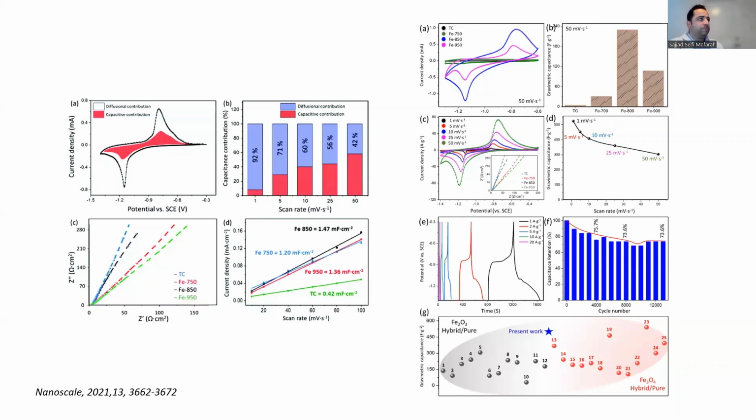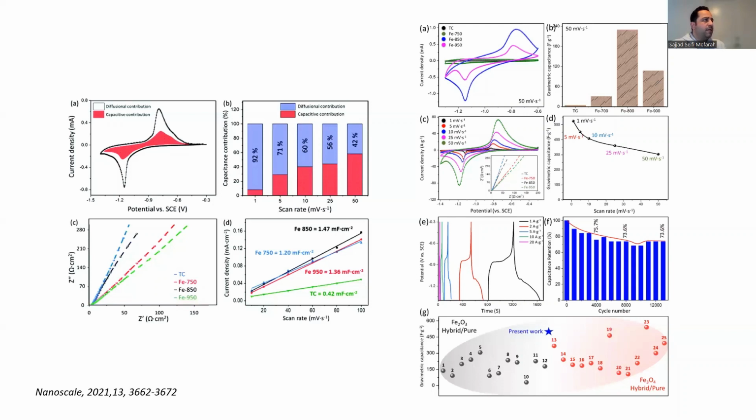Other tests that we've done, we've done cyclic voltammetry at different scan rates, and also we have a good comparative analysis in figure G that shows the superiority of these hybrid iron oxide materials compared to the other results that have been reported.